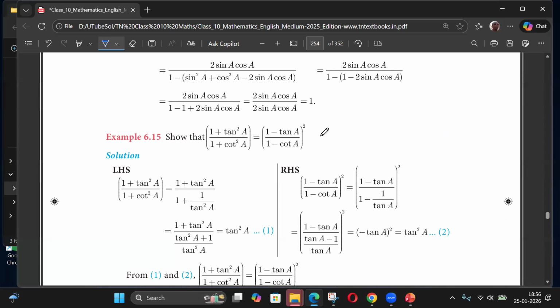So the right hand side, just expand this one. I'll get 1 plus tan square, which is secant square, plus cross term minus 2 tan. Denominator square, I'll get 1 plus cot square, that is cosecant square, minus 2 by t.